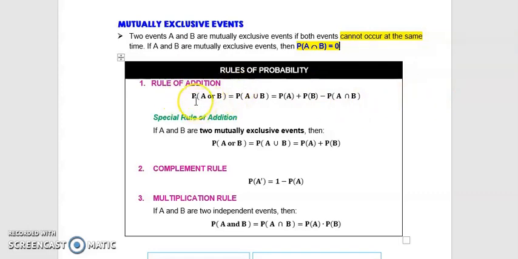Probability of A or B, where we use union: probability of A union B will be equivalent to probability of A plus probability of B minus probability of A intersect B. If you look here, we want to find probability of A or B, either A or B. That's why here we need to minus the intersection. Intersection of A and B means both, but now we just want either A or B.